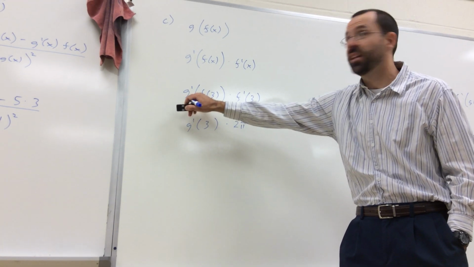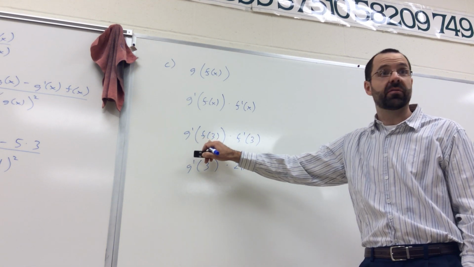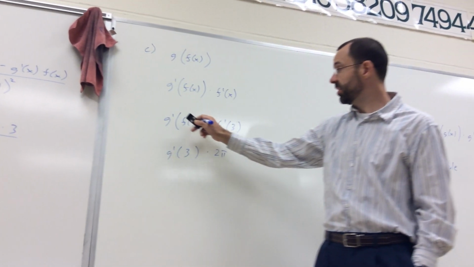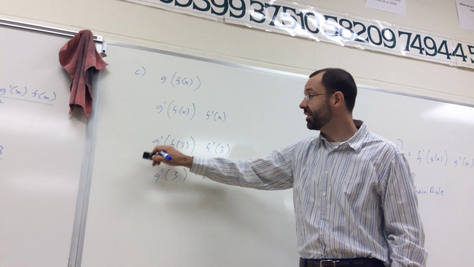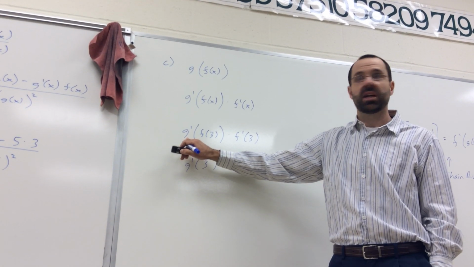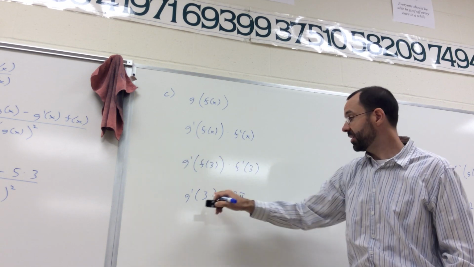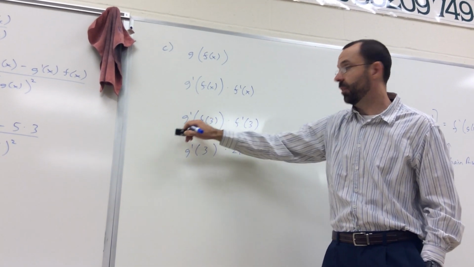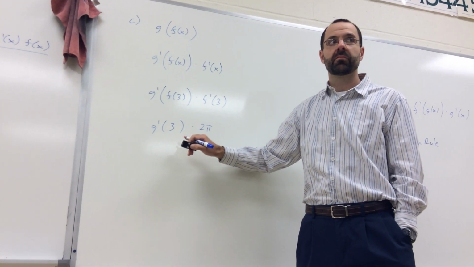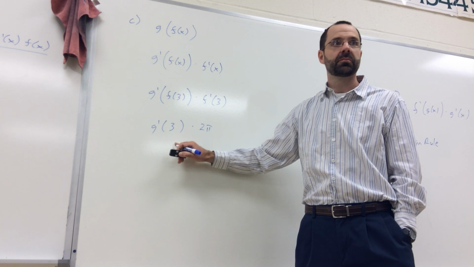If there was an x there, g prime of x times f of 3, that would be multiplication. That's not what's going on here. This is this number plugged into g prime, because that's what the chain rule says to do. Take the regular inside and plug it into g prime. So I've got to take this value that I get and put it into g prime. That's very subtle, what's going on right now. Is everybody okay?